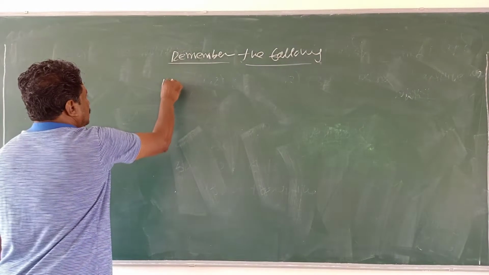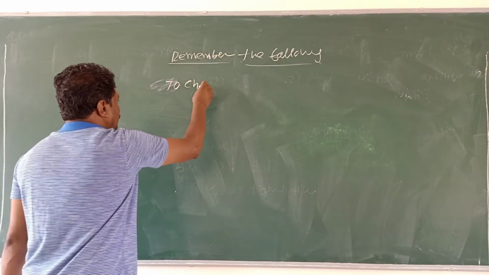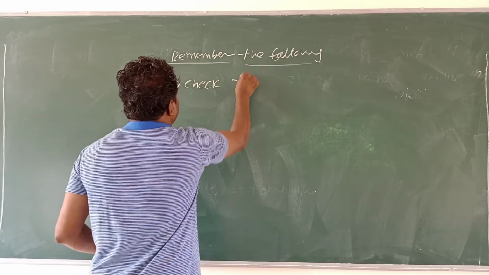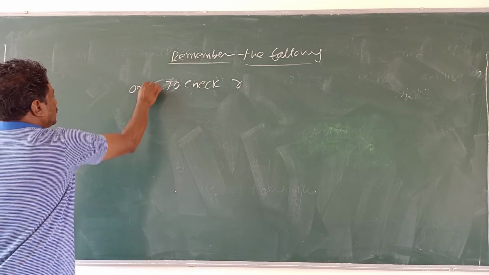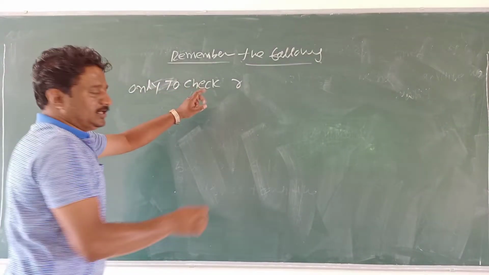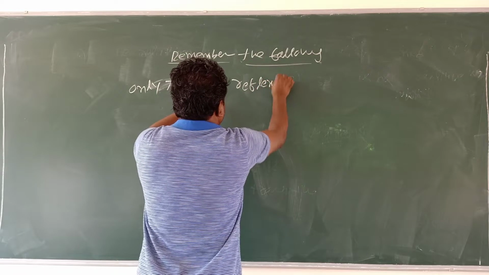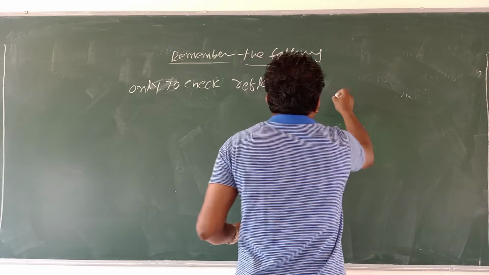Use the elements (a,a), (b,b), (c,c) and so on only to check reflexive.